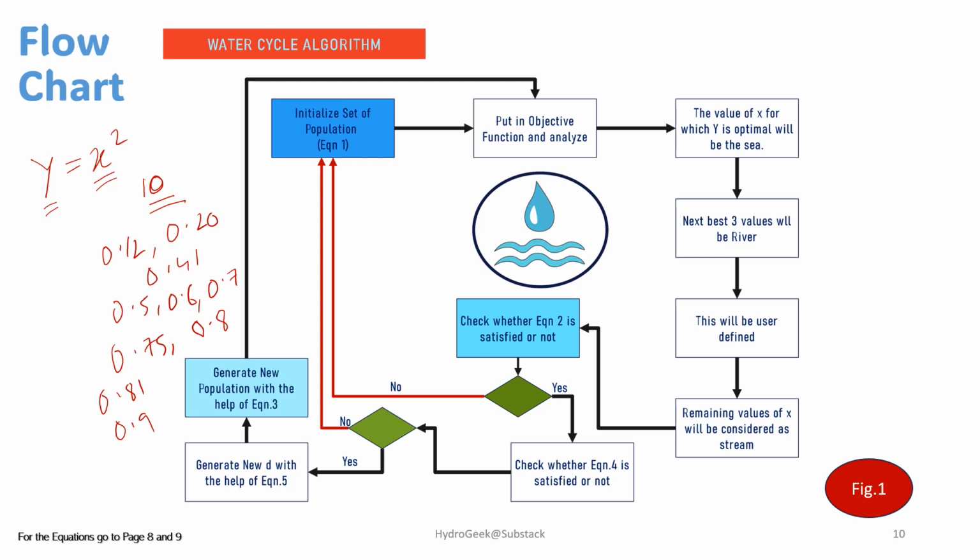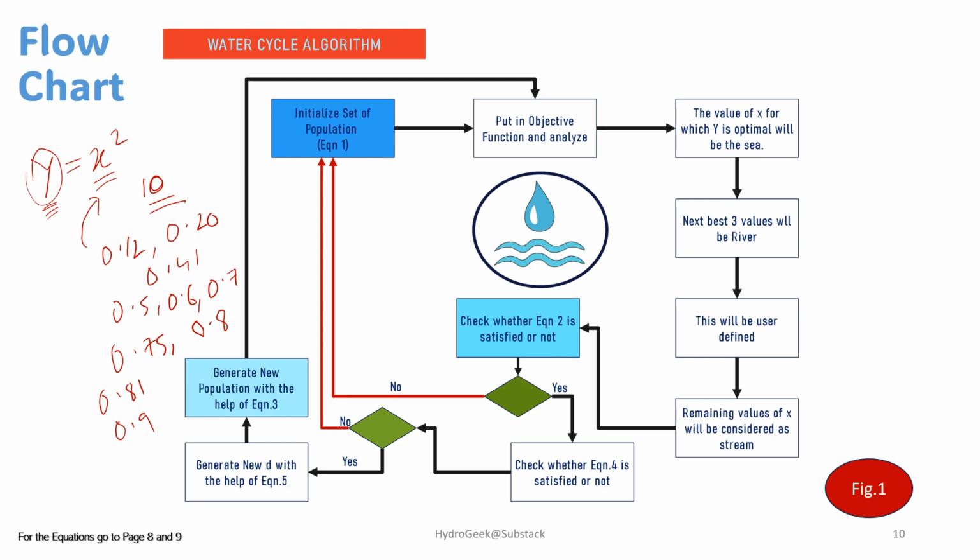We always try to minimize cost and maximize profit. So when an objective equation is for minimization, we refer to it as a cost function, and when it is for maximization, we refer to it as a profit function. So one by one I will put the 10 random values into this equation, and a new y value will be generated. So for 10 x's, 10 y's will be there.